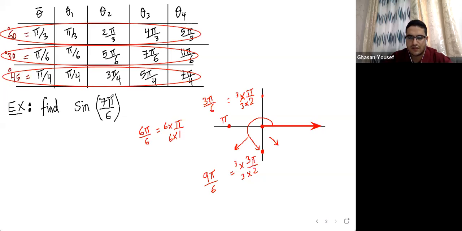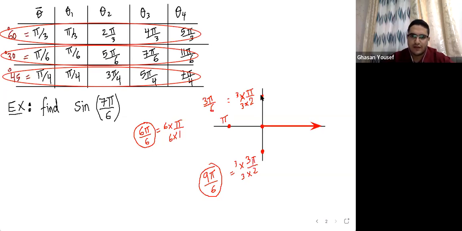So 7 pi over 6 is between 6 pi over 6 and 9 pi over 6. So the angle must be in the third quadrant. Is it clear what I said? The angle must be in the third quadrant, because 7 pi over 6 is between 6 pi over 6 and 9 pi over 6, between two angles.